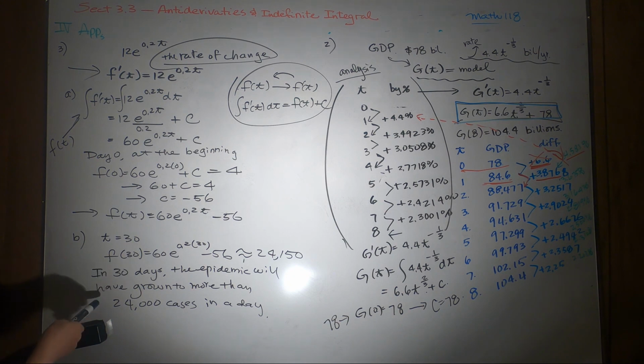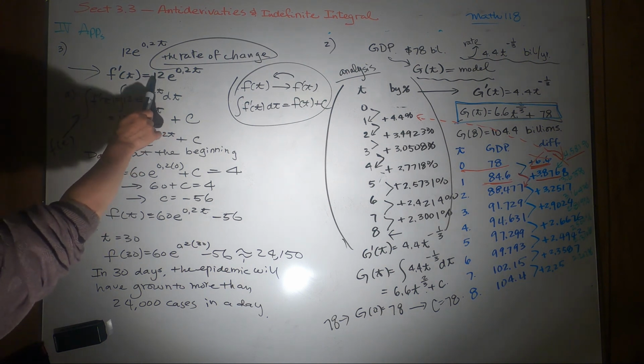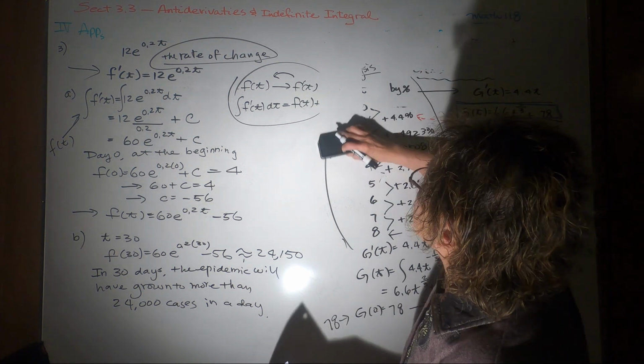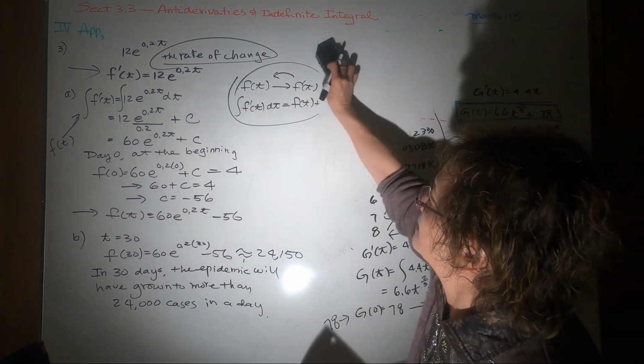But in 30 days, in a day, you'll have so many more cases happen. That's from the model. Then we'll do the prediction for that. So that's how we will use the antiderivative to do that.